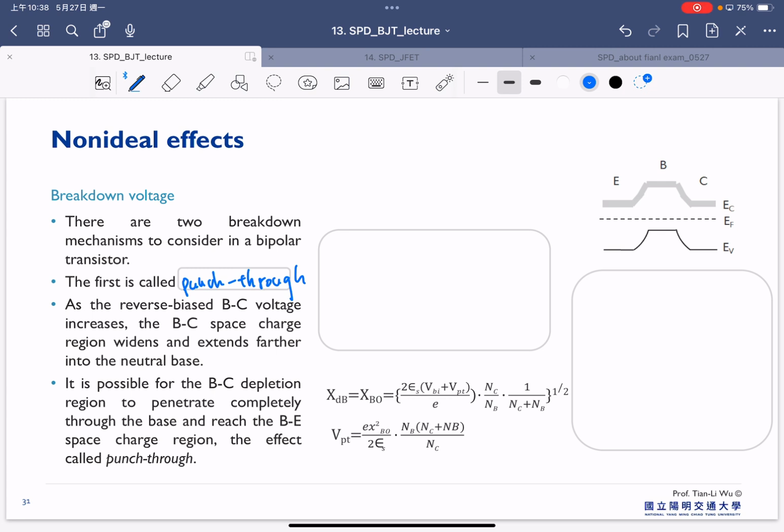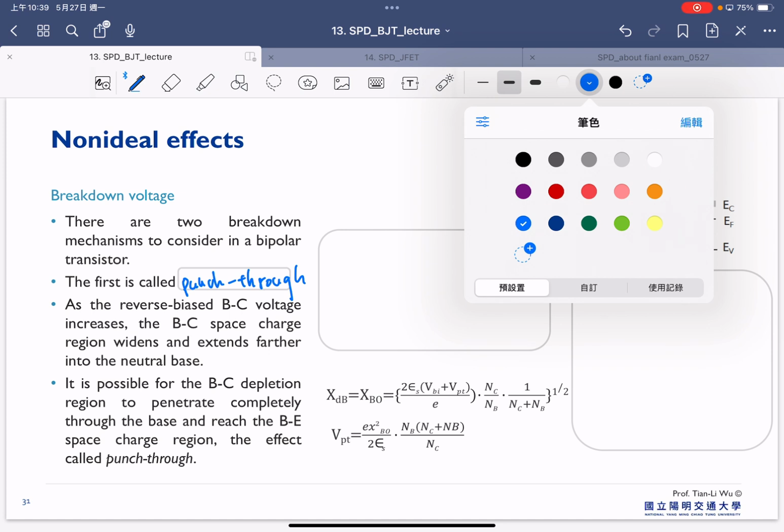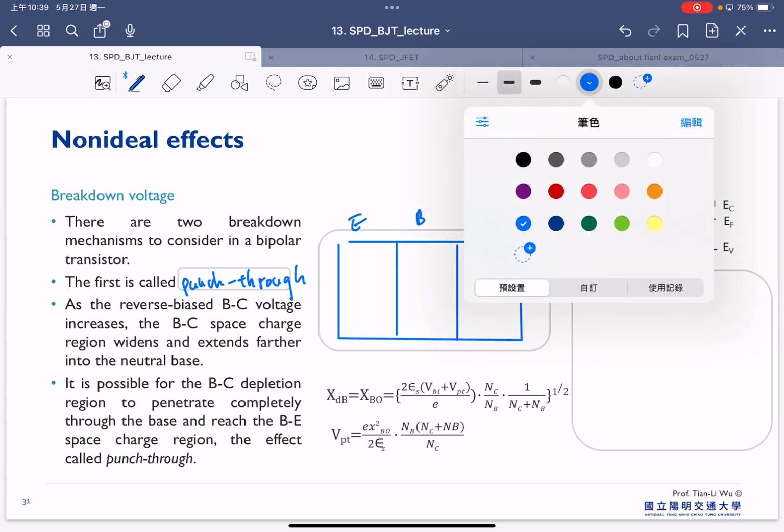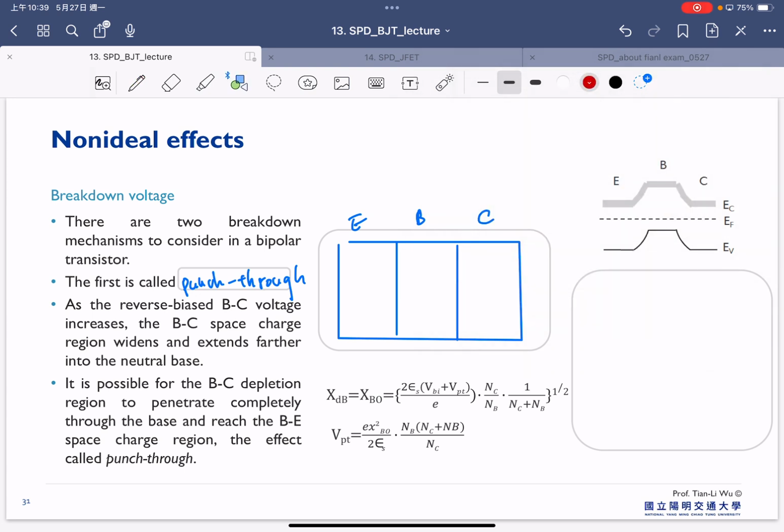This is because, if we plot the schematic of the BJT here, we have an emitter, a base, and a collector. And you all know that in each PN junction, there's a depletion region, a space charge region here.